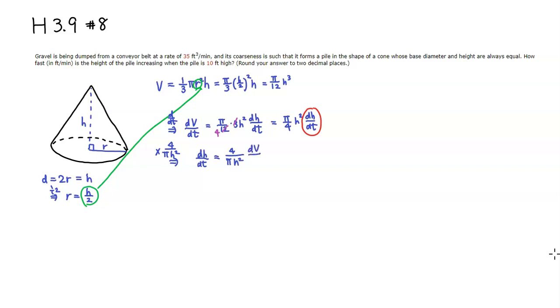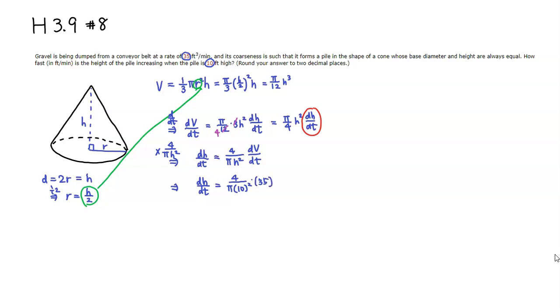By plugging in the given values, we can find dh over dt to be 4 over pi. h is 10 feet high, so it's going to be 10 squared. And dv over dt is 35, so we're going to put 35.